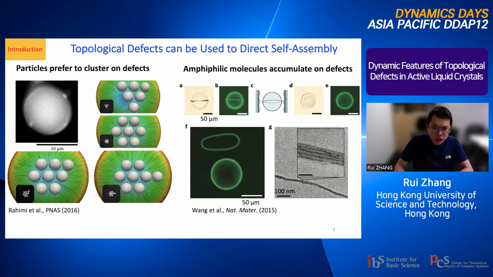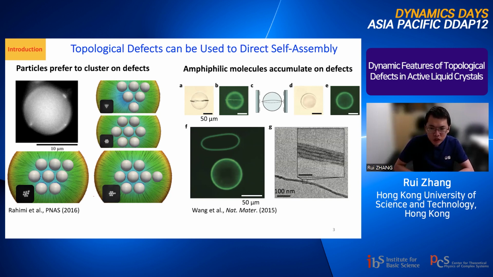And in more traditional liquid crystal research, there's a new trend of using liquid crystal defects to organize particles and molecules. Here I give you two examples. In one example, topological defects are used to direct the self-assembly of colloidal particles.